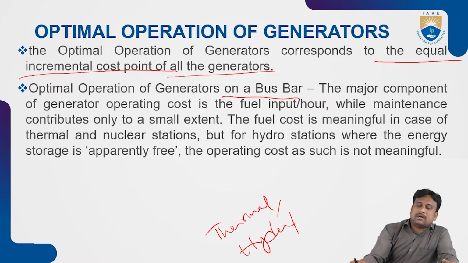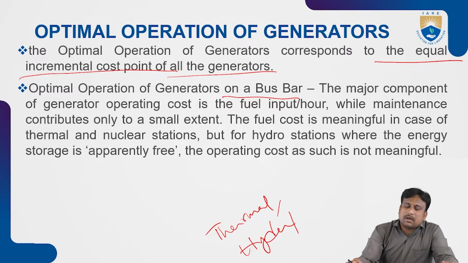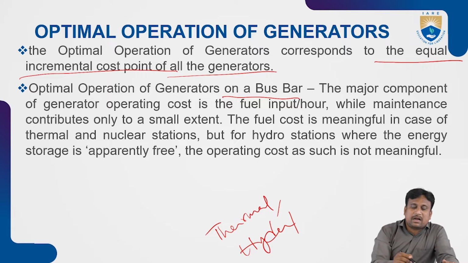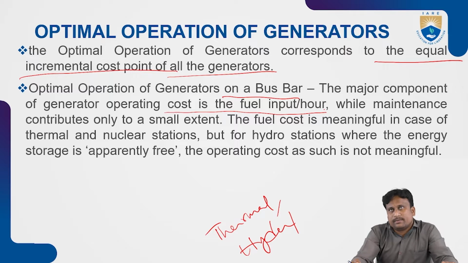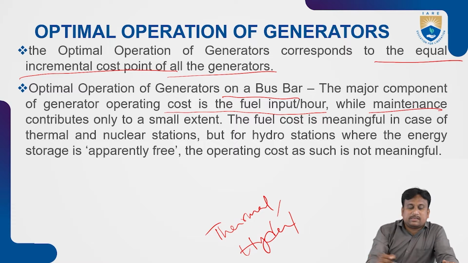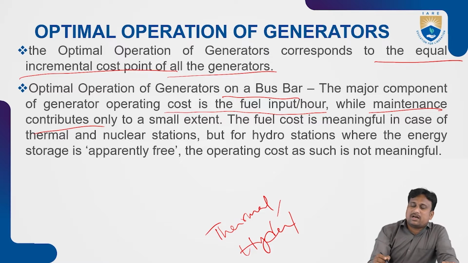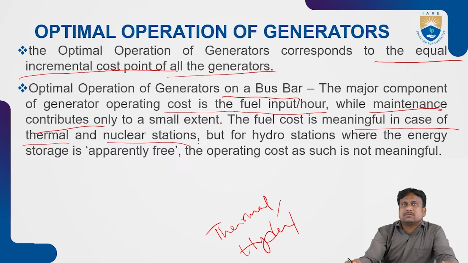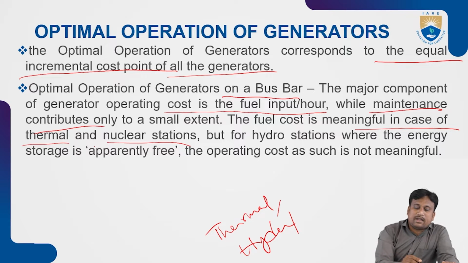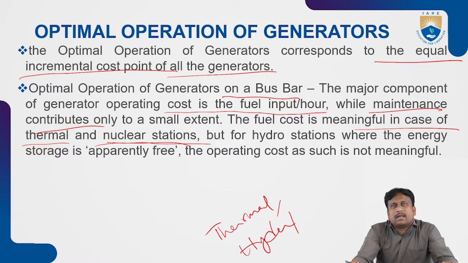When you consider the optimal operation of the generators on each bus bar, the major component of the generator operating cost is the fuel input per hour, while maintenance contributes only a small extent. Fuel cost is meaningful in the case of thermal and nuclear stations, as the coal and the fuel requirement for nuclear stations are costlier compared to hydel power stations.